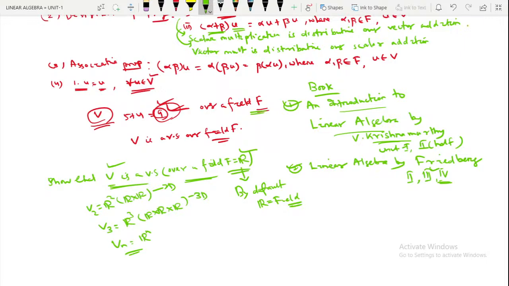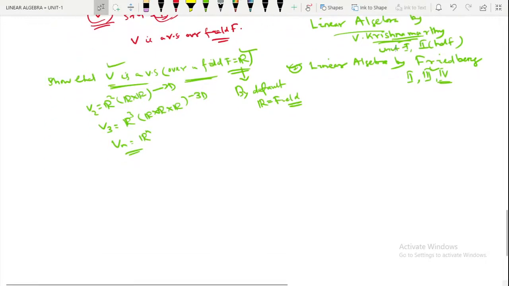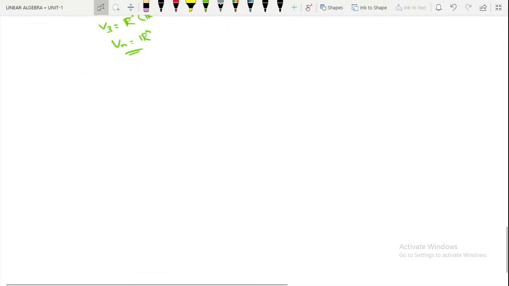Okay, these are some different notations in this V. Krishnamurthy book. While I do some problems, I will remind you of these things. Other books are not saying this. Okay.